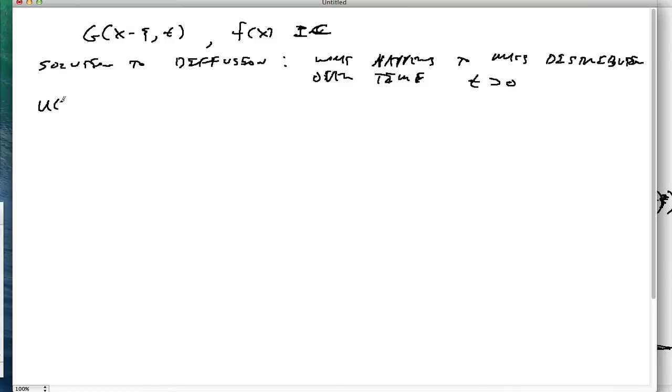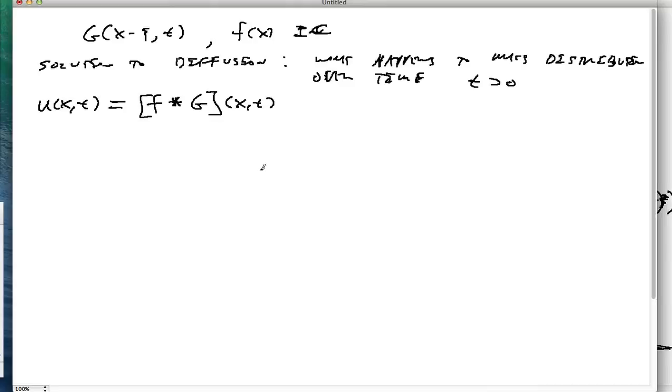And now we know that u of x comma t, that distribution of mass, is going to be our initial mass convolved with our function g of x minus c, t. Oh, sorry, I should just put this like that. Call it x comma t.